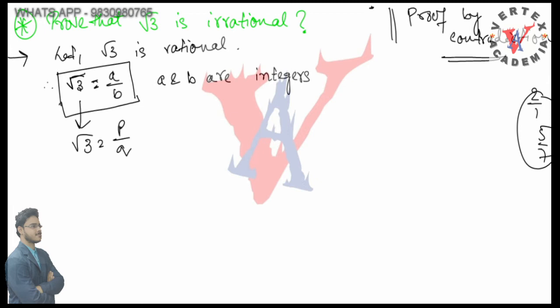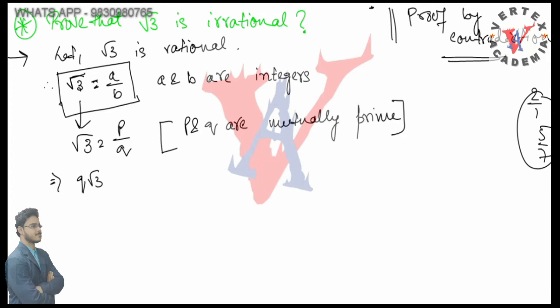So if we proceed now, let us write that P and Q are mutually prime, that is, they don't have a common factor left. So Q root 3 equals P. Now squaring both sides, 3Q square equals P square.